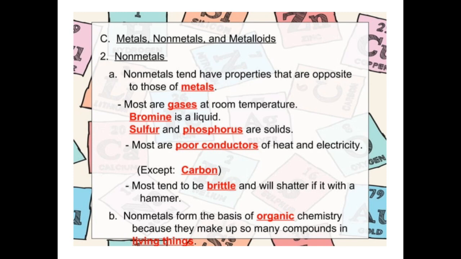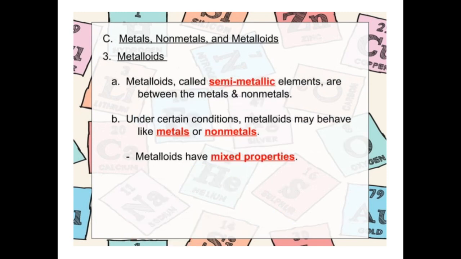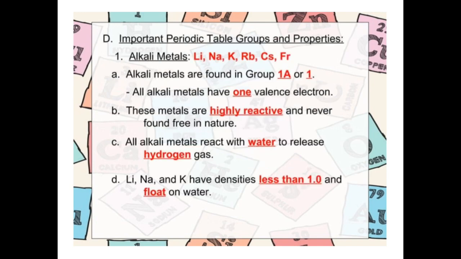They are brittle, and so on and so forth. These are their properties. Then you have the metalloids. Metalloids are also called semi-metals because they have properties between metals and non-metals. Sometimes they behave like a metal, sometimes they behave like a non-metal. They have mixed properties.